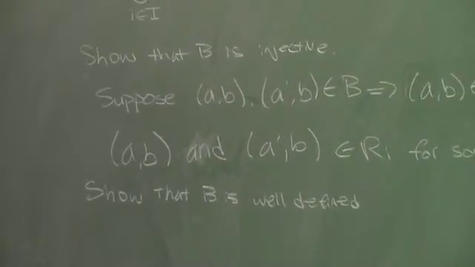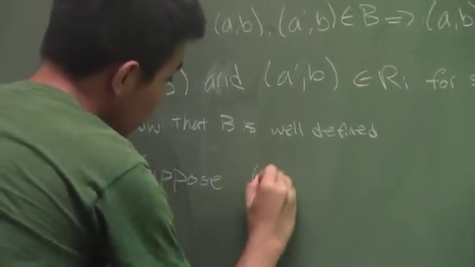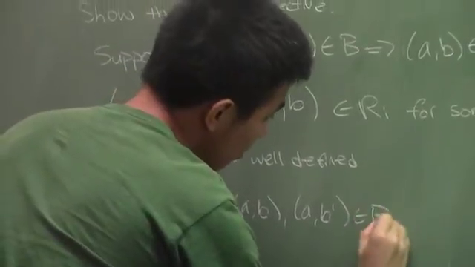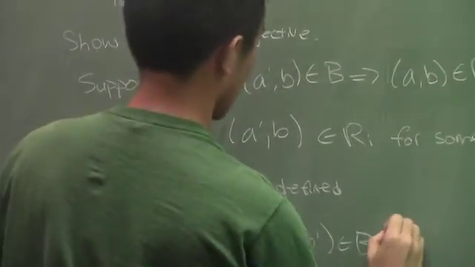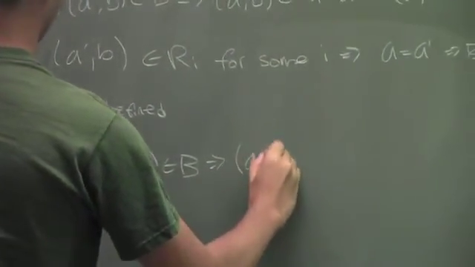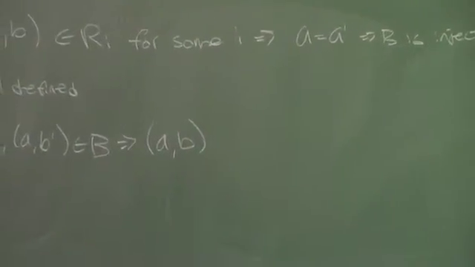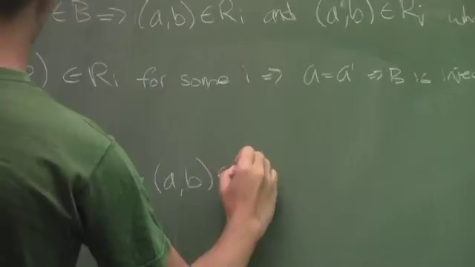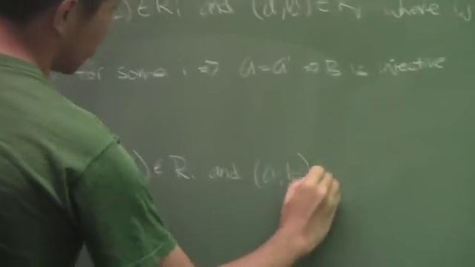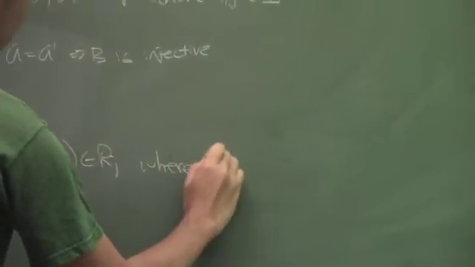Suppose (a, b) and (a, b prime) belong to B. This implies you're doing pretty much the same thing, right? (a, b) is a member of Ri, and (a, b prime) a member of Rj, where i and j are on this side.